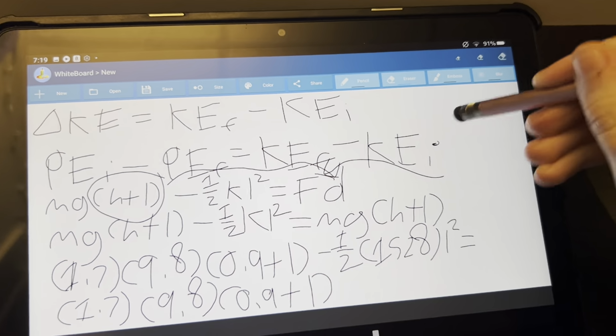I temporarily forgot that this is the change in kinetic energy. I briefly forgot that the change in kinetic energy is actually equal to 0.